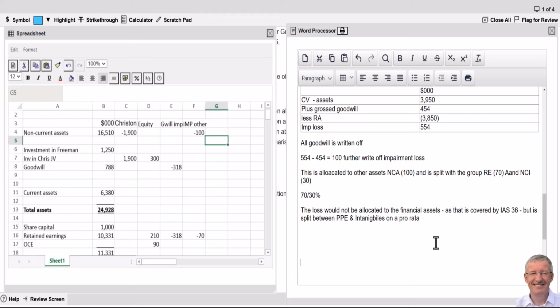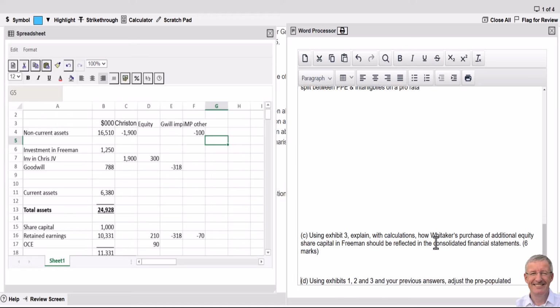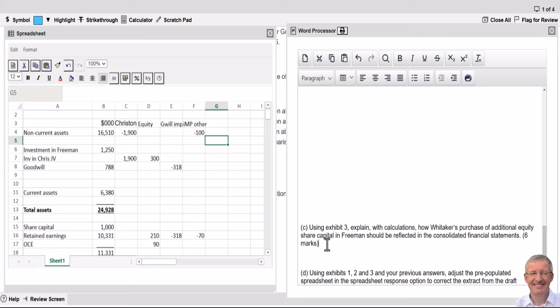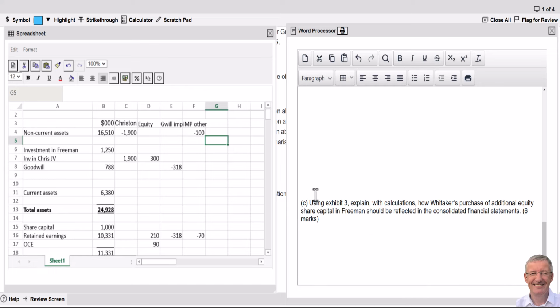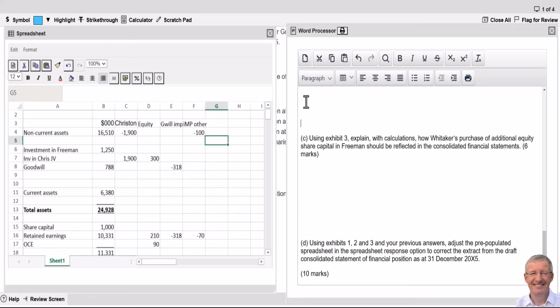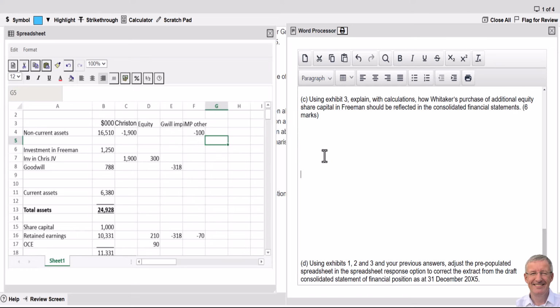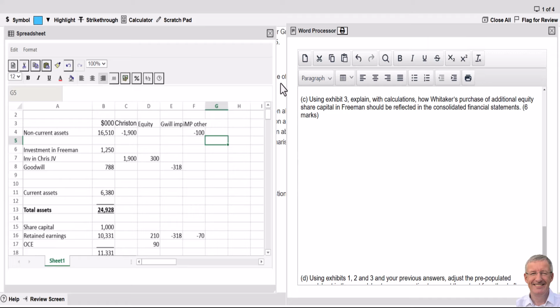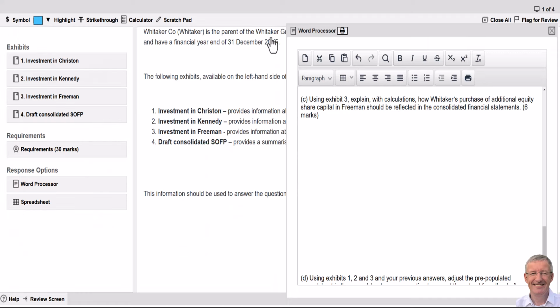And we move by looking at the next part of the requirement. The next part of the requirement is Exhibit 3, where we are explaining with calculations how the purchase of additional shares in Freeman should be reflected in the group accounts. In theory, there's one of 2 different ways.